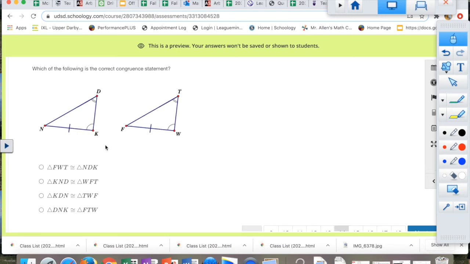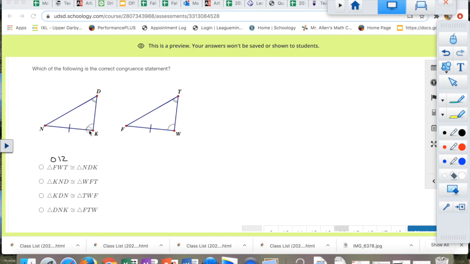Correct congruence statement, again, since my angles are marked, I'm going to use that same method that I've been using, and I'm just going to write the number of arcs above it, so 1, 0, and 2. Then I'll see which ones line up. So FWT, FWT, so 0, 1, 2, 0, 1, 2.